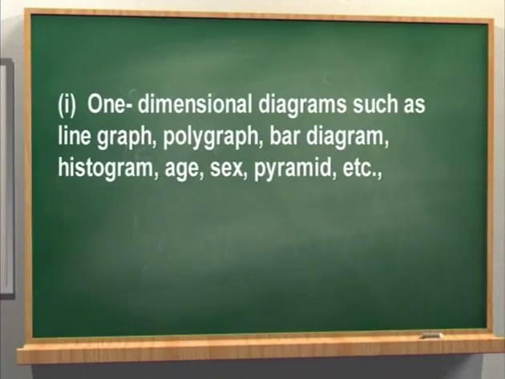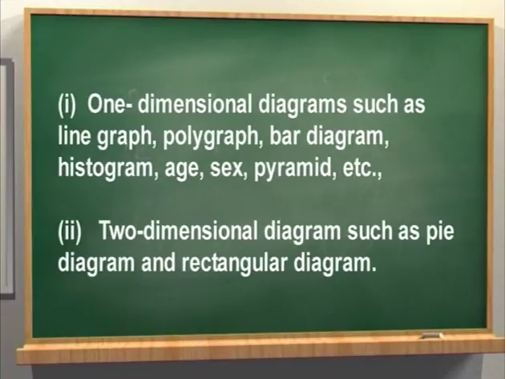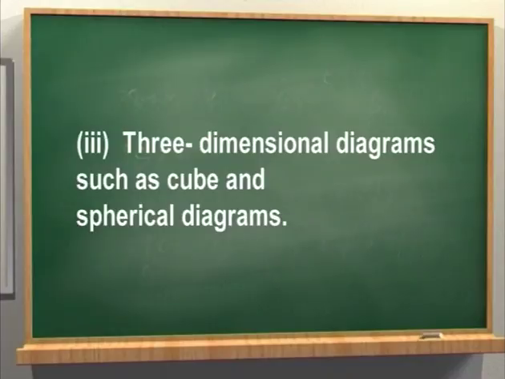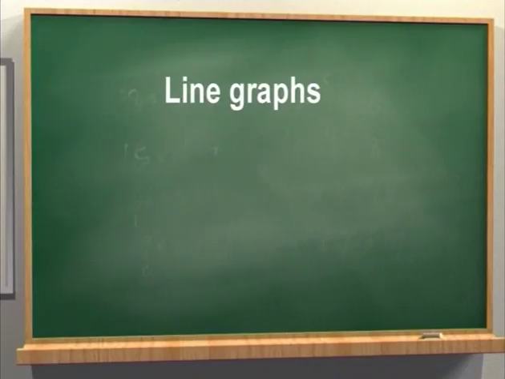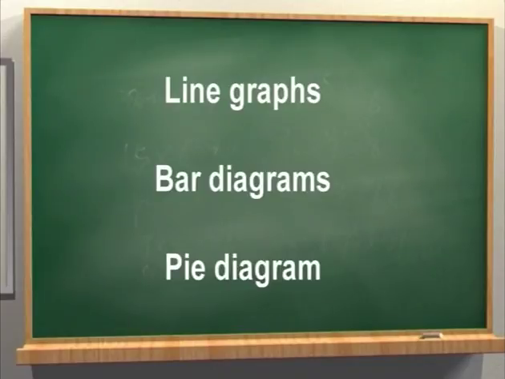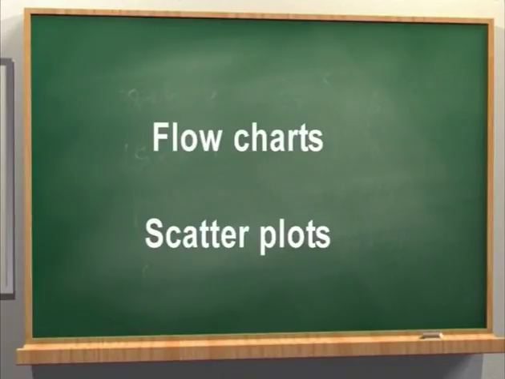The diagrams and maps are of following types: one-dimensional diagrams such as line graph, polygraph, bar diagram, histogram, age or sex pyramid, etc. The two-dimensional diagrams such as pie diagram and rectangular diagrams. Three-dimensional diagrams such as cube and spherical diagrams. The most commonly drawn diagrams and maps are line graphs, bar diagrams, pie diagrams, flow charts and scatter plots.